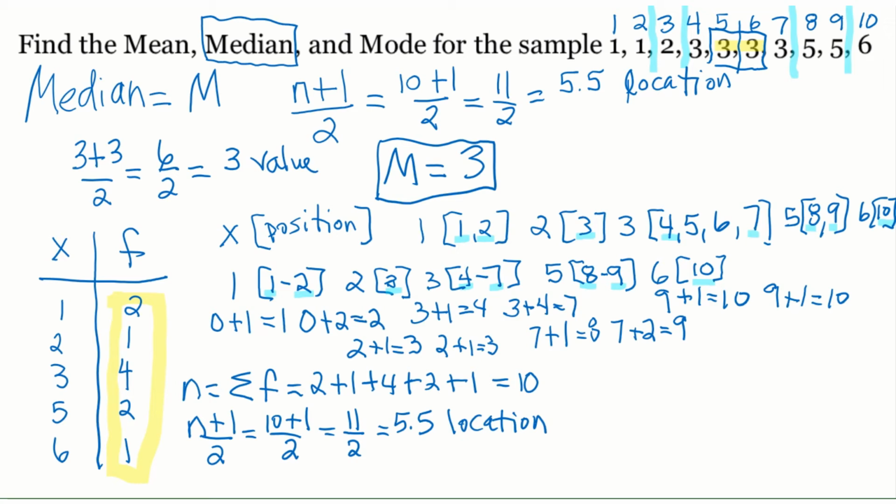I want to know out of these boxes, which box is going to contain this number 5.5. So I know that 5.5 is going to land right here in between the 5 and the 6, which tells me that 3 is going to be my middle value.